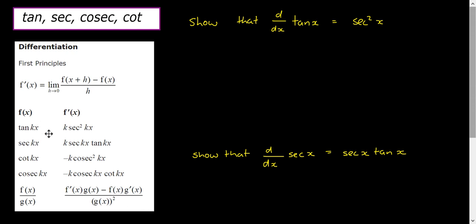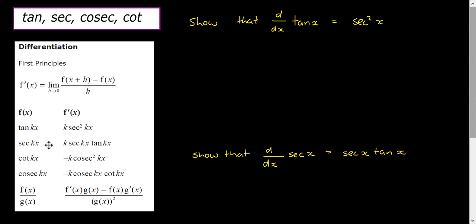Now, above this, you'll see we've got derivatives of tan, sec, cot, and cosec. And we use these a lot. So you can see here that tan of kx differentiates to give you k multiplied by sec squared of kx. So effectively, tan differentiates to sec squared. The k follows the same pattern that we've observed so far when we've differentiated sine and cos and e.